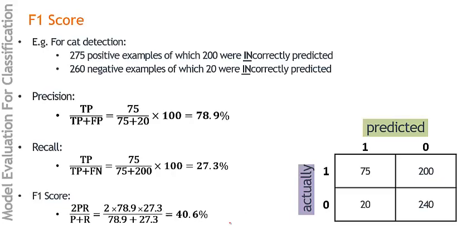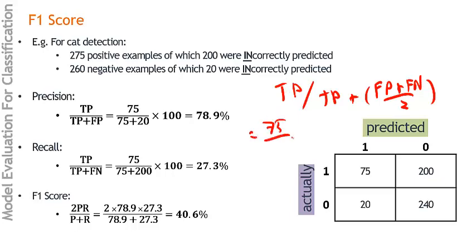In fact, if we use my formula, which is true positive over true positive plus false positive plus false negative over 2, that's going to be 75 over 75 plus, now false positive plus false negative over 2 is the average of these two numbers, 20 and 200, which is 110.